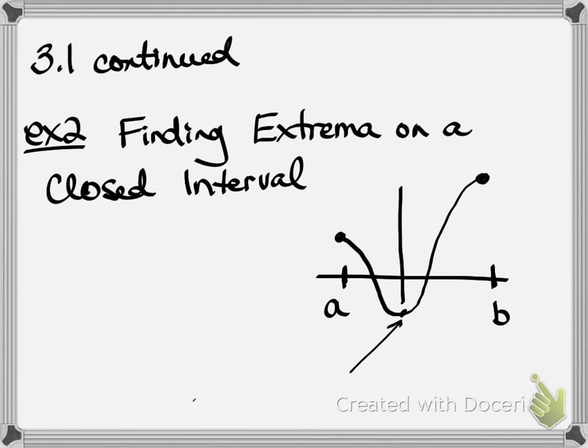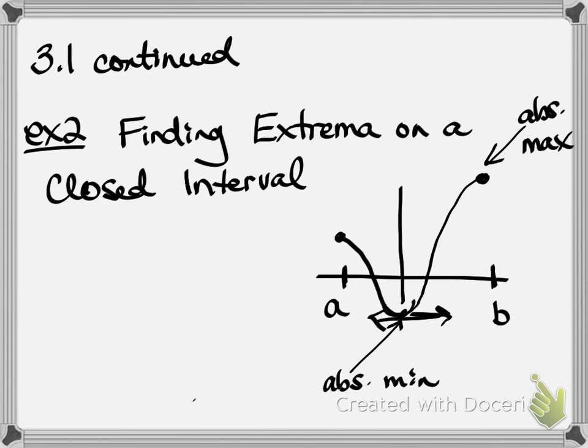The min would be found right here, the absolute min, and it would be at a critical number, because that's a relative min there. But the max right here would be found at the right endpoint. So extrema on a closed interval could happen at endpoints, and it could happen at critical numbers.